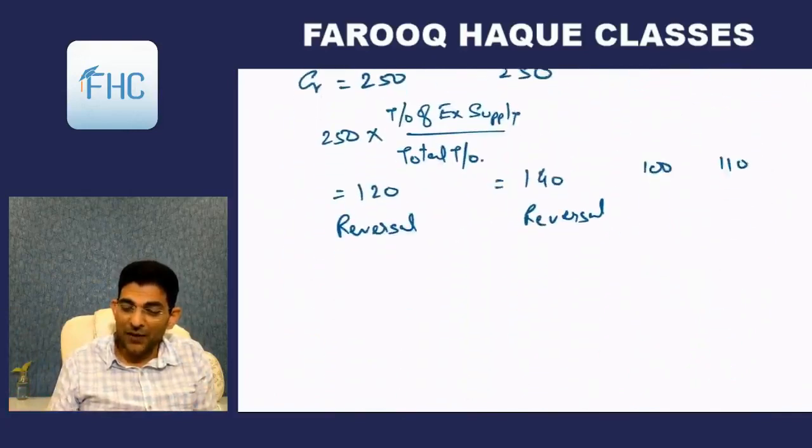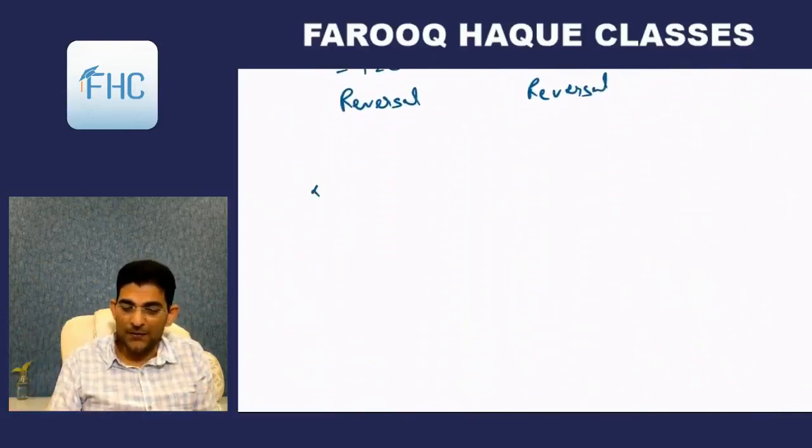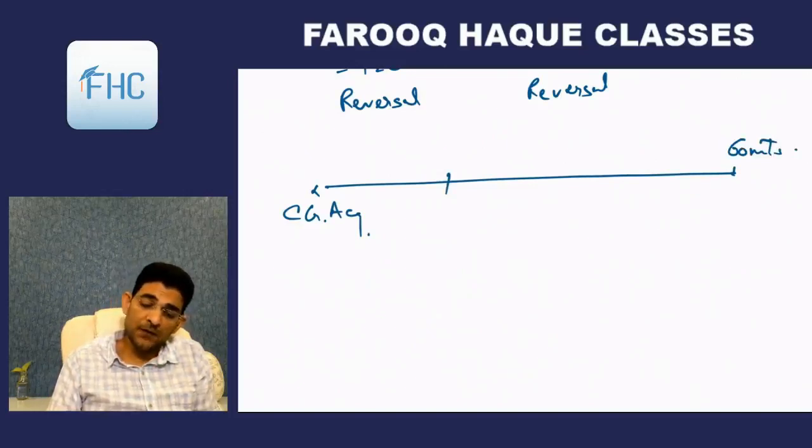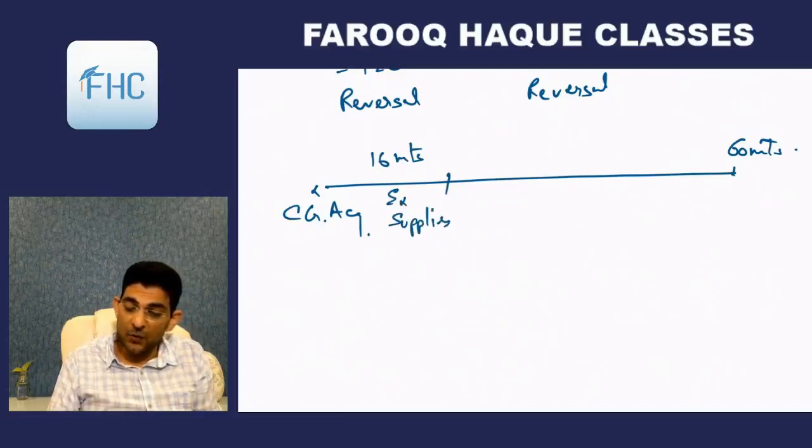Now the point is that if an asset was purchased here, meaning capital goods. So capital goods acquired, and if the life is assumed to be say 60 months, so for the first 16 months it was used exclusively for exempt supplies, and then you are using it for exempt plus taxable supplies.